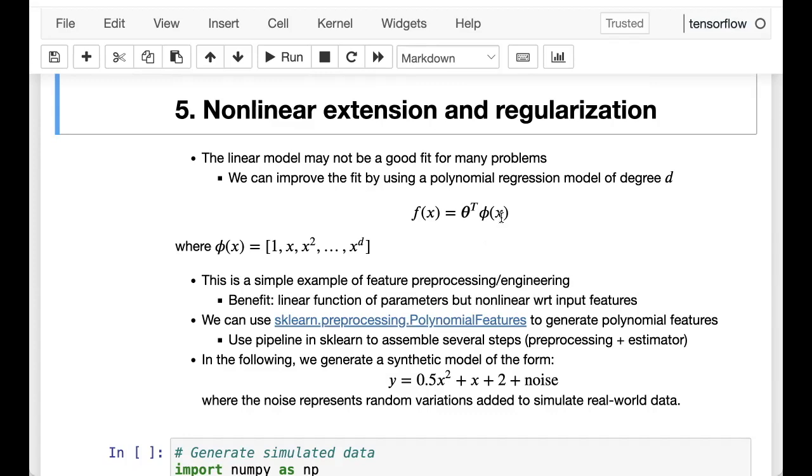For example, if we have here x1 and x2, then we can have x1, x1 squared, x2 squared, x1 times x2, etc., depending on the degree of the polynomial. And again, something to remember here is that this degree of the polynomial that we use is a hyperparameter, meaning it is a parameter we set before training or learning the parameters of our regression model.